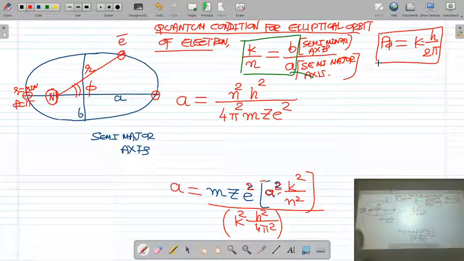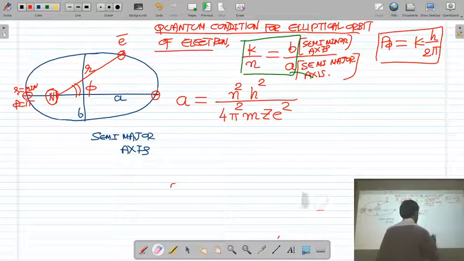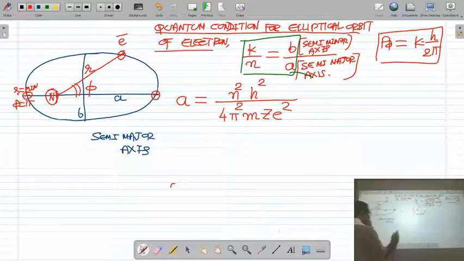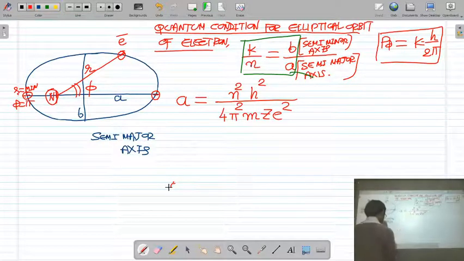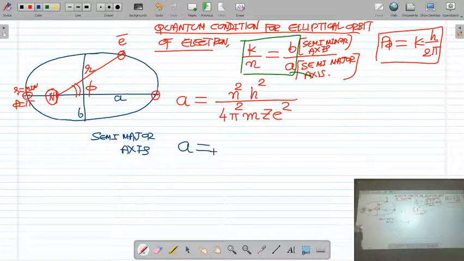If you simplify this equation, you will get the semi-major axis of the ellipse A is equal to n square h square upon 4 pi square m z e square. Right? Okay, now I can write this equation in this way. Simplification is very simple.